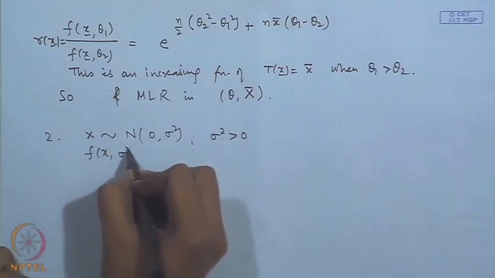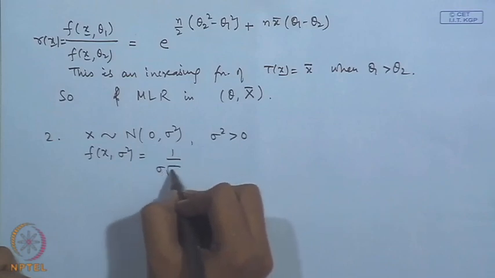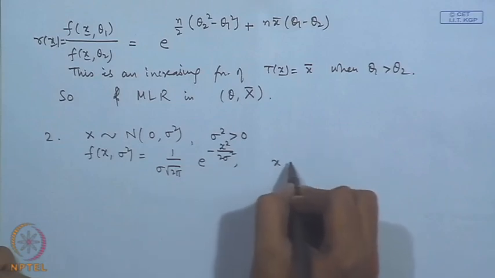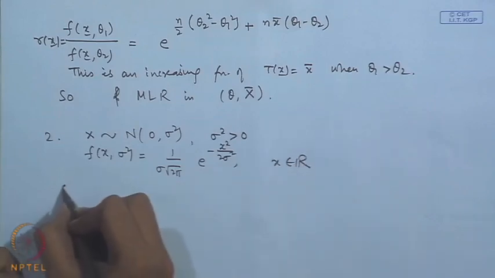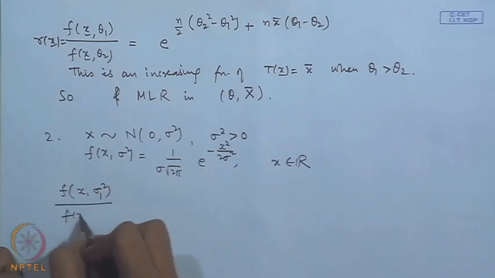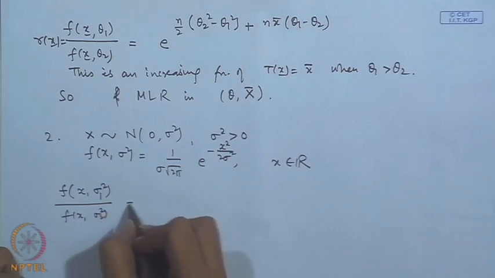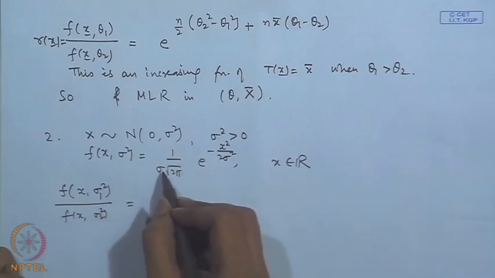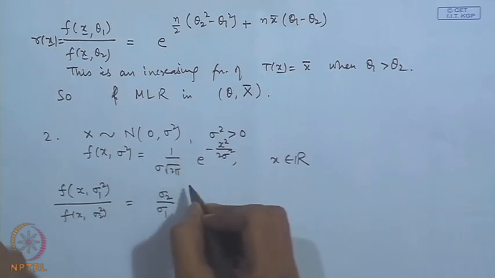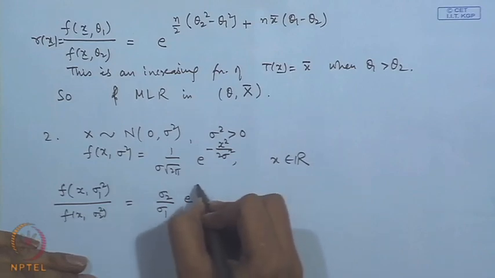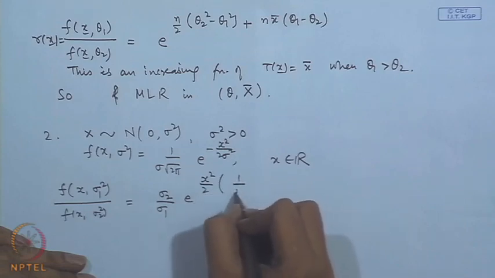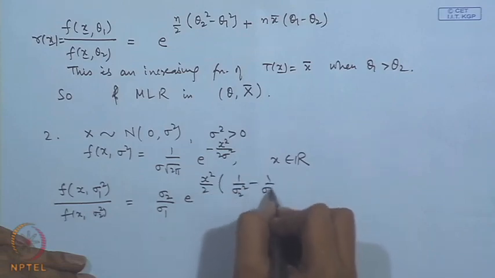If we consider the density function here, it is 1 by sigma root 2 pi e to the power minus x square by 2 sigma square, where x is any real number. Therefore, if I consider the ratio f(x, sigma 1 square) divided by f(x, sigma 2 square), this one will give me sigma 2 by sigma 1, this 1 by root 2 pi will get cancelled out, e to the power x square by 2 into (1 by sigma 2 square minus 1 by sigma 1 square).